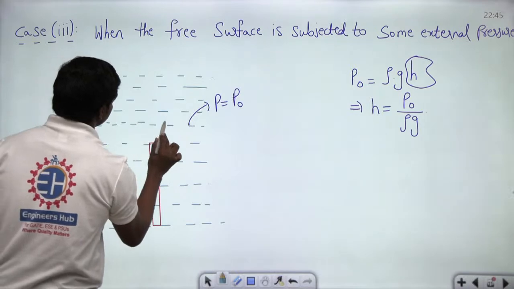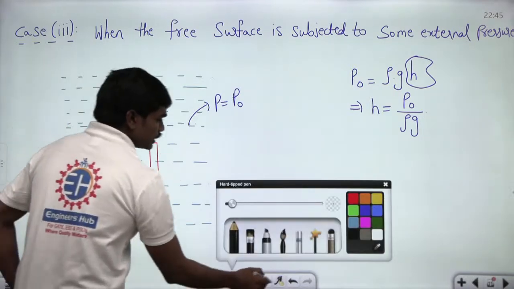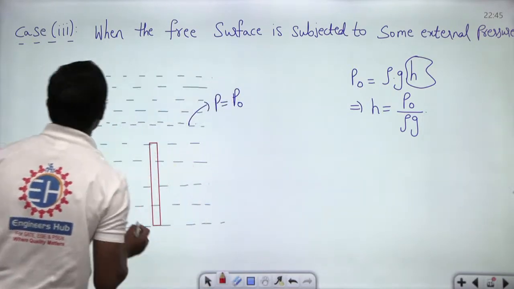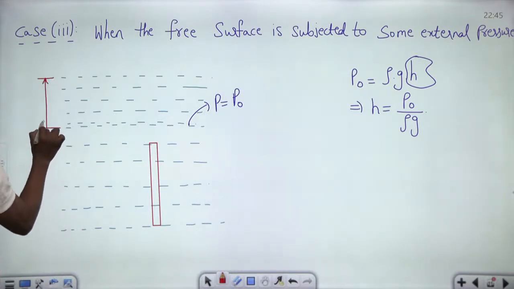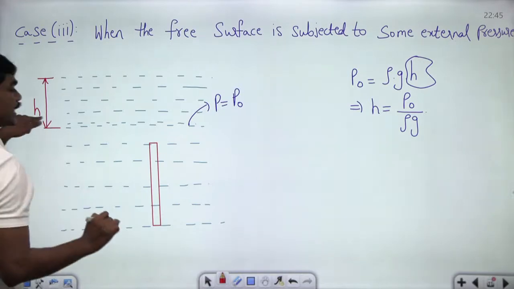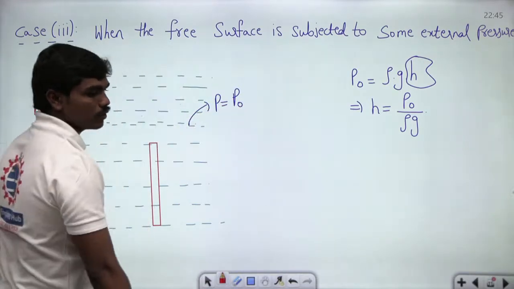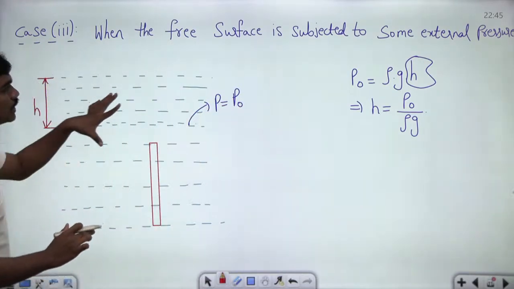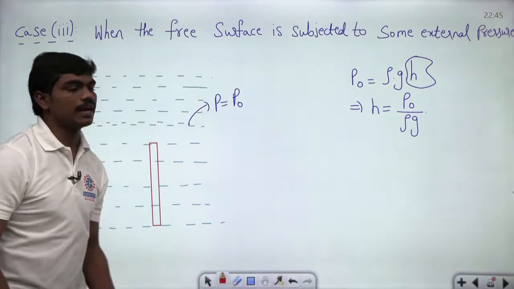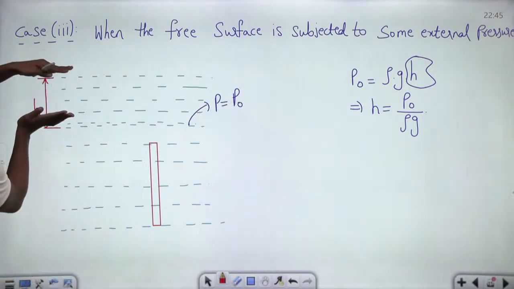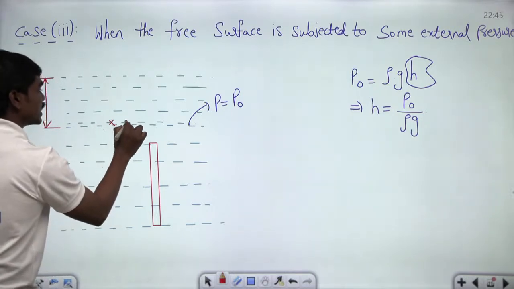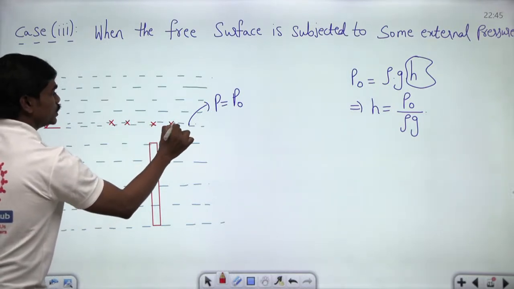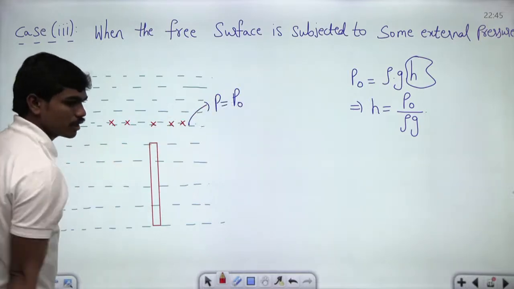Let us suppose this length to which we are increasing the fluid is H, and this H is calculated from this value. Now if there is a fluid column of height H, definitely the pressure at every point in this horizontal plane will be P naught, no issue, because P naught is equal to rho g H.